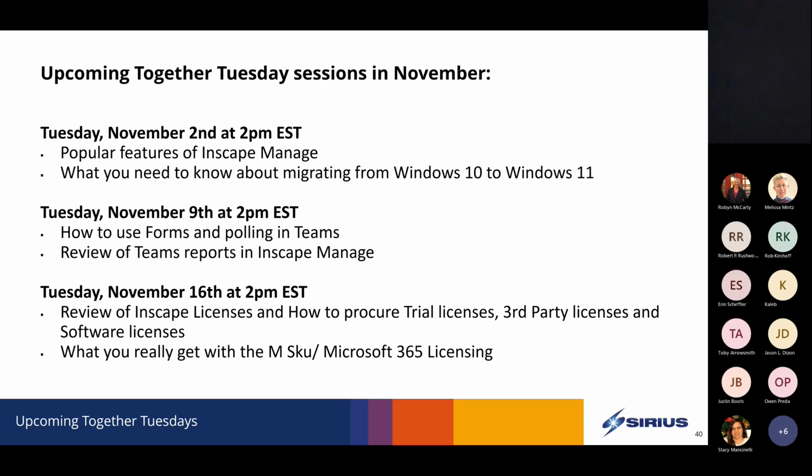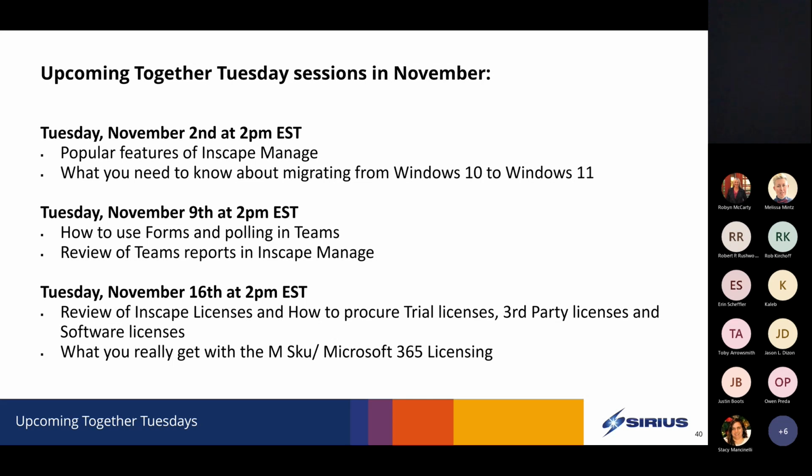And then on Tuesday the 9th, we're going to be talking about how to use forms inside of Teams for polling and different information you can now get out of Microsoft Meetings. We're also going to review some of the Teams reports that are inside of Inscape. So really the 9th is going to be a Teams Together Tuesday.